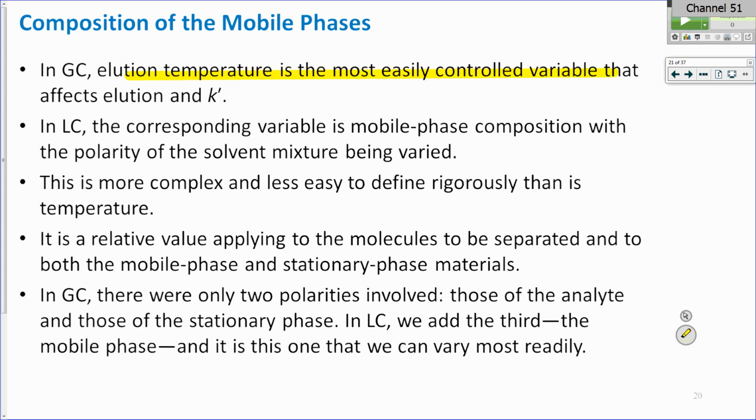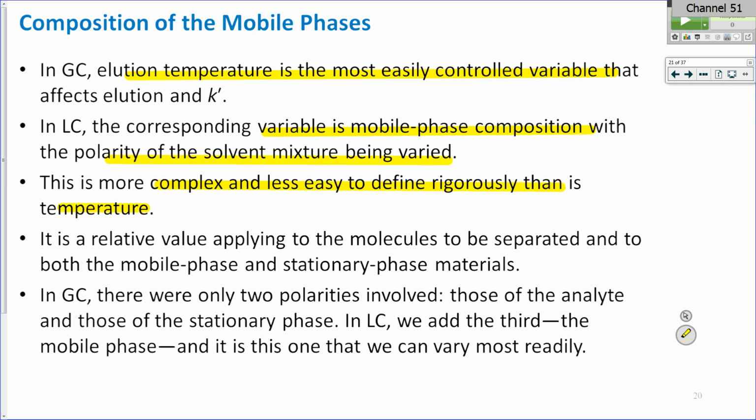So in LC, the variable that we alter is the mobile phase composition. And we change the polarity of the solvent that's being pushed down the column. It's certainly harder to do than changing the temperature in an oven, which is trivial. Changing the composition of solvents on the fly is a lot trickier thing to do.